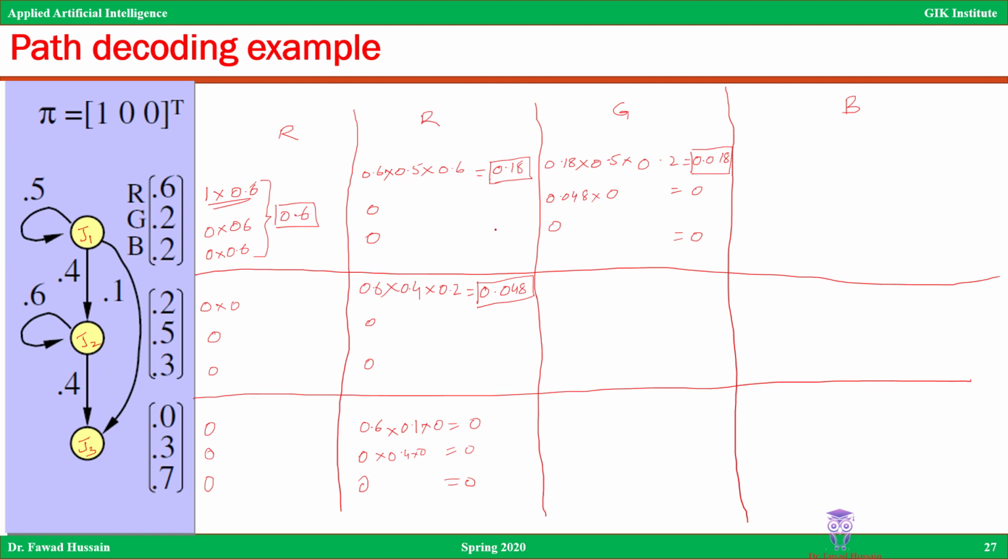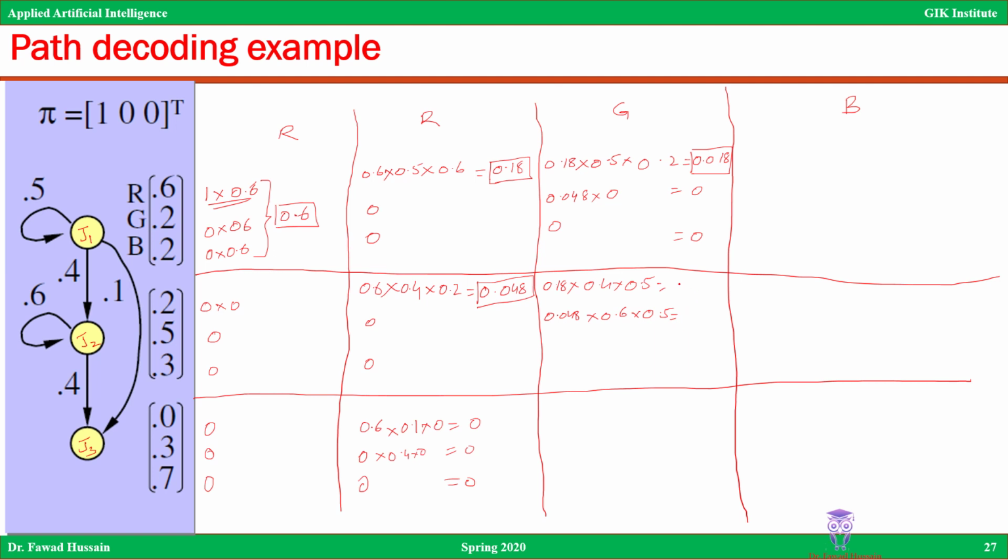In this case, I can come from here, or from here. Let's try from the first one. So this is 0.18 multiplied by jar 1 to jar 2, which is 0.4, multiplied by a green in the second jar, which is 0.5. And the probability of coming from the second jar, this would be 0.048 multiplied by remaining in the second jar, 0.6, multiplied by 0.5.